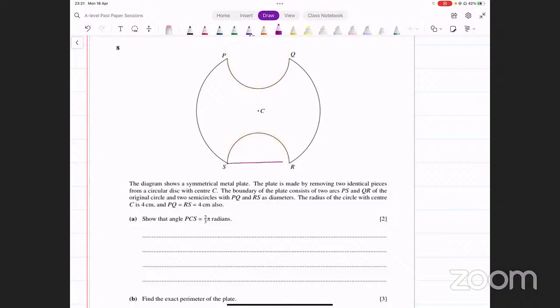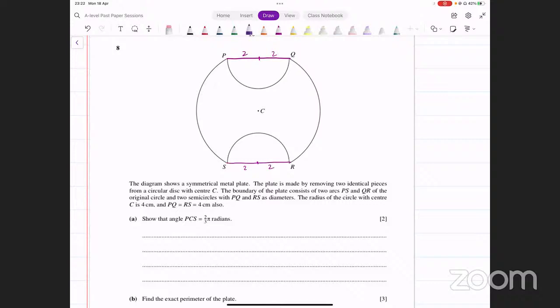This is a diameter, from which one semicircle is formed, and this is the diameter PQ, from which another semicircle is formed. The radius of the circle with center C is 4 centimeters. So the big circle's radius is 4 centimeters, and PQ and RS also have a length of 4 centimeters. What that means is, what is the radius of the semicircle? The radius is 2.